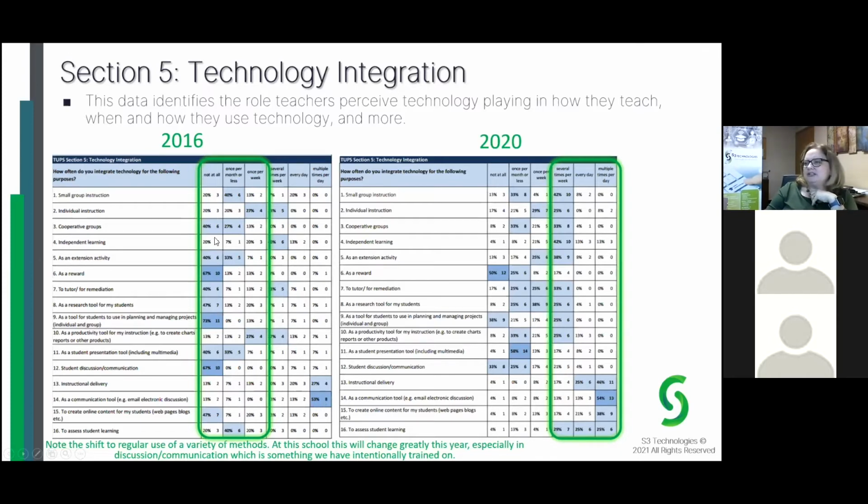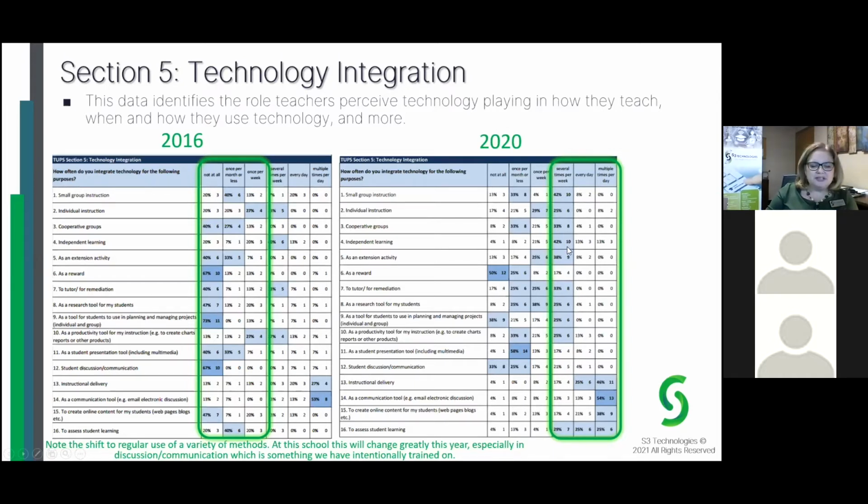So we've been working to teach the teachers what other kinds of tools they can use and to get the students hands-on technology experience. That's where you can see an actual shift: they are starting to use technology several times a week now in individual instruction, small group instruction, and cooperative groups.